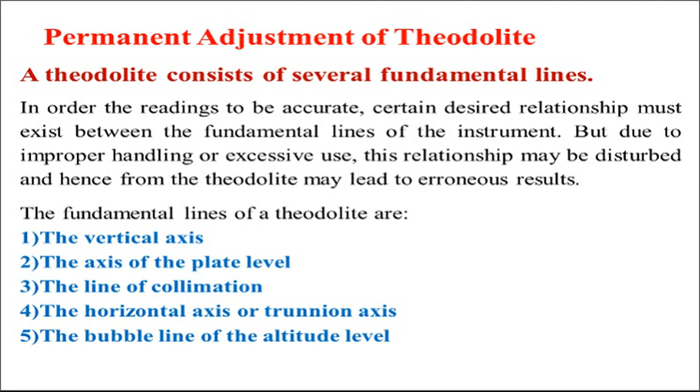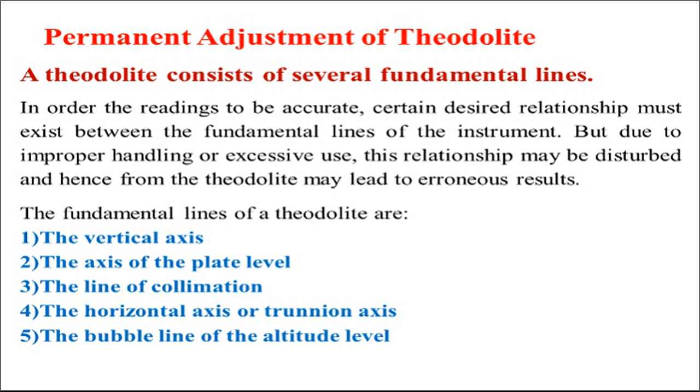In order for the reading to be accurate, certain desired relationship must exist between the fundamental lines of the theodolite, but due to improper handling or excessive use of the instrument, this relationship may be disturbed and hence the theodolite may lead to enormous error, and for that purpose we have to do the permanent adjustment of the theodolite.